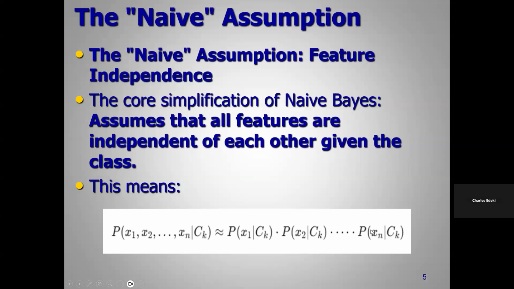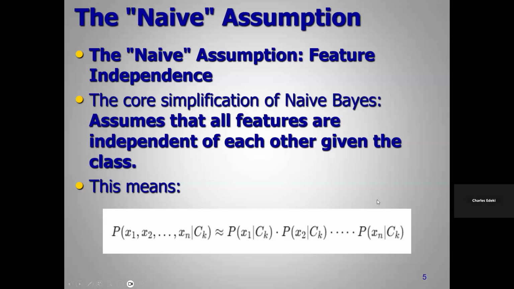In short, this simplification makes naive Bayes computationally feasible and efficient, even though the independence assumption is not really true in the real world. In the real world, features often have dependencies most of the time.